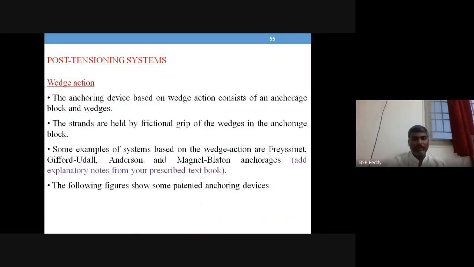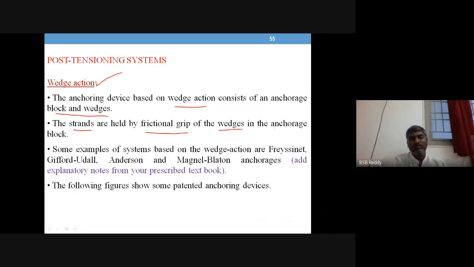Right, coming to the first category, based on wedge action, what devices are there and how they work, we will talk about. Based on wedge action, the device consists of an anchorage block and the wedges. The strands are held by the frictional grip of the wedges. You have studied wedge friction in your friction chapter.